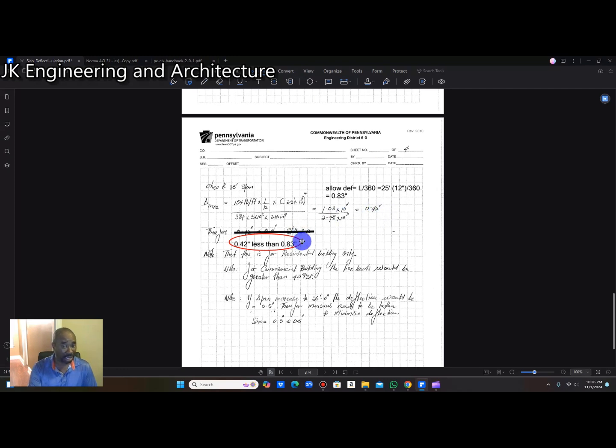So you see, it is still safe up to 25 feet because 0.42 inches is less than 0.83 inches. But out of an abundance of caution, I would still put a flat beam in the slab just to be sure, right? And this is for a residential building, not a commercial building.